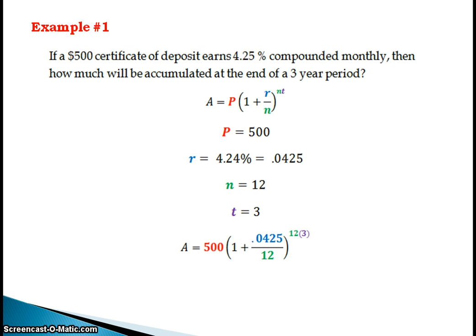Now we're going to plug all those things in, like so, and they're color-coded so you can see exactly what we did. And we're going to put all of that in our calculator or in any calculator and get the answer that at the end of 3 years, we're going to have $567.86 in our certificate of deposit. Pause now and write down this example.